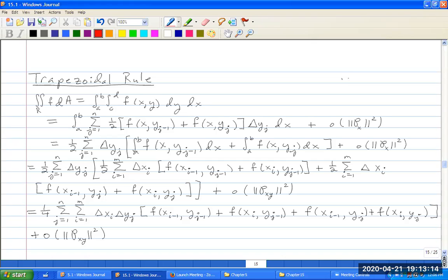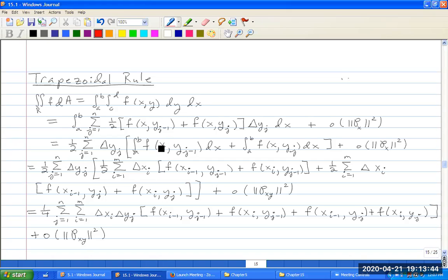So this is equal to 1/2 sum j equals 1 to n of delta y sub j. And now let's do the trapezoidal rule for, in this case, the x's. So this is going to be 1/2, this went to n, so this goes to m, sum i equals 1 to m of, well, I'll put it here, delta x sub i.